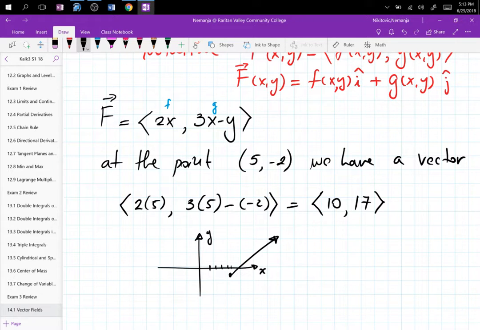Now, what are you doing for that vector? Well, what is it? Is it a magnetic field, electric field, gravitational field? Is it drifting currents? Whatever it is. So that's that.